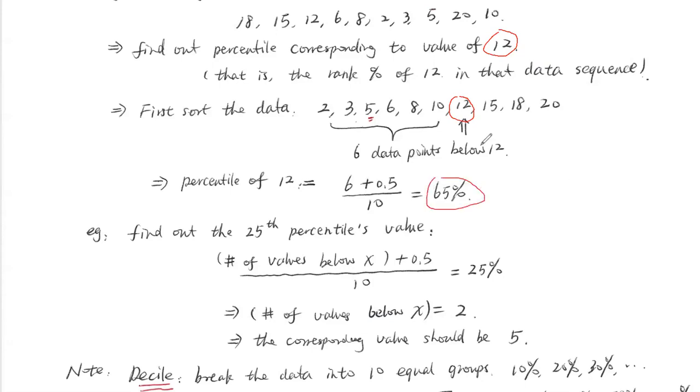So you are given the number first, and you try to find out the corresponding percentile. You are going this direction. Now, what if they are going backwards? So what's happening here is now someone asking, tell me which value corresponds to the 25th percentile. So in other words, they are given this percentile number first, 25% in our case.